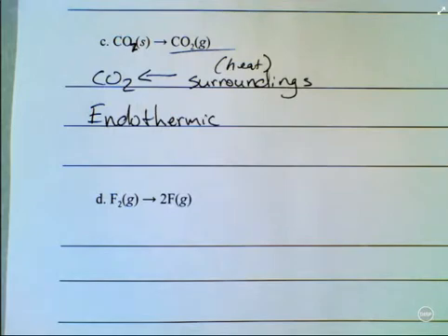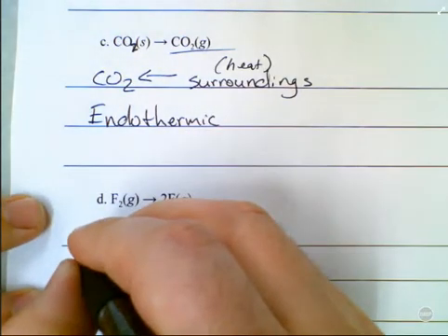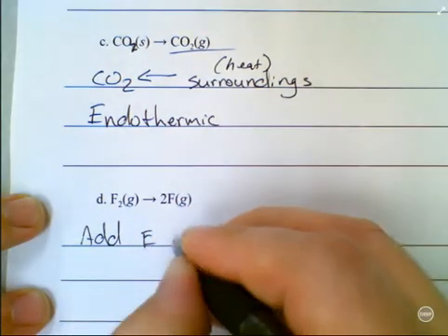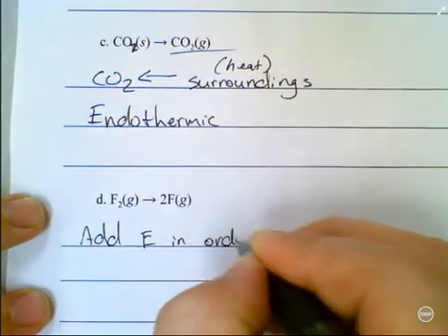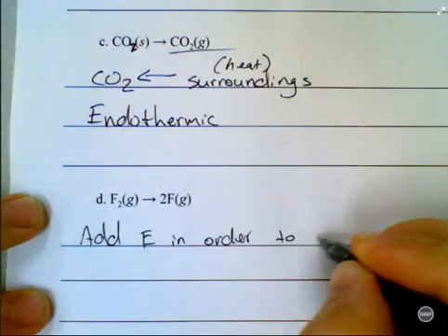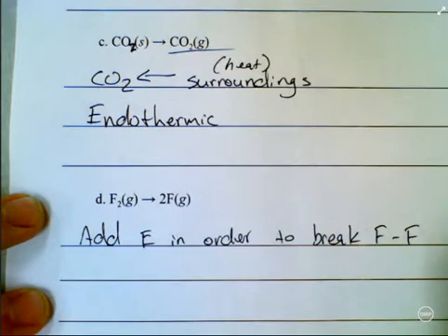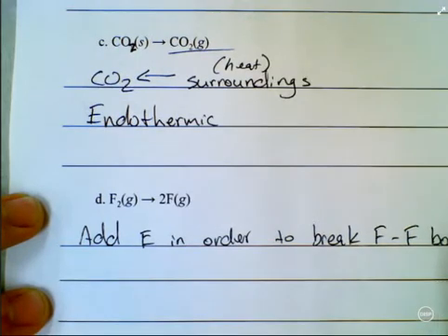Lowest potential energy. So in order to break that fluorine-fluorine bond, energy has to be added. We have to add energy in order to break the fluorine-to-fluorine bond.